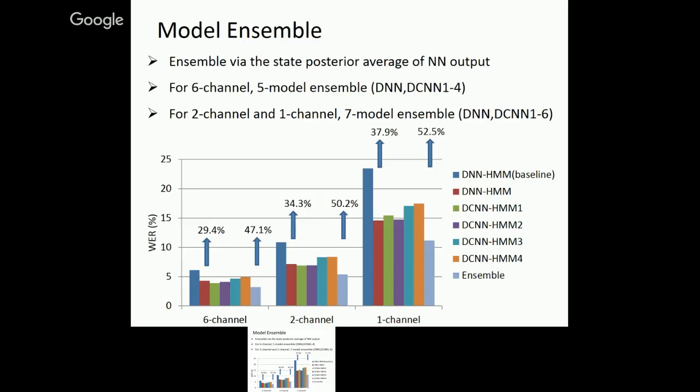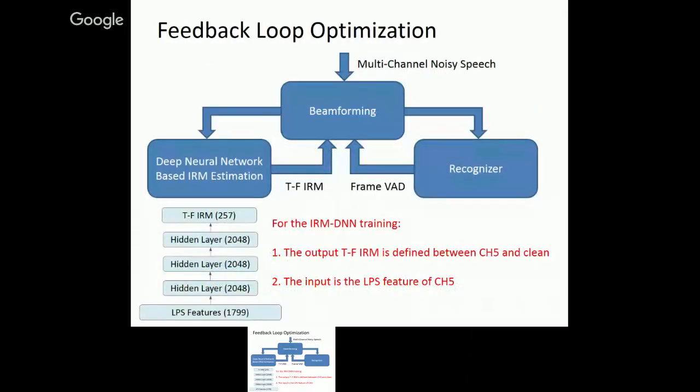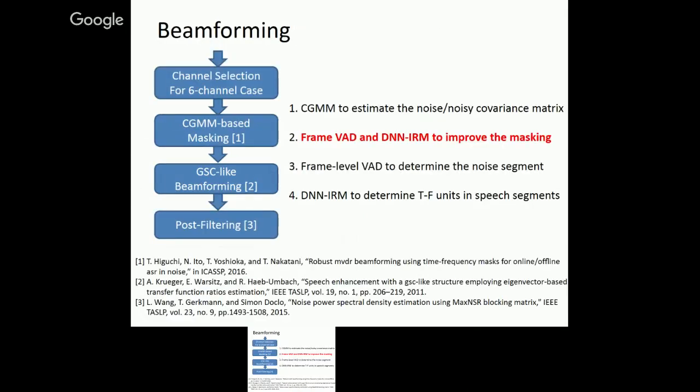Maybe one last question. I'm wondering how the VAD frame result from the ASR is used in the beamformer. If you go back to your block diagram, how do you use the frame VAD exactly in the beamformer? We just use this to determine the noise segments. We first use the VAD for the second pass beamforming. First, we use the VAD to determine the noise segment. Then the DNN-IM is applied to the speech segment.